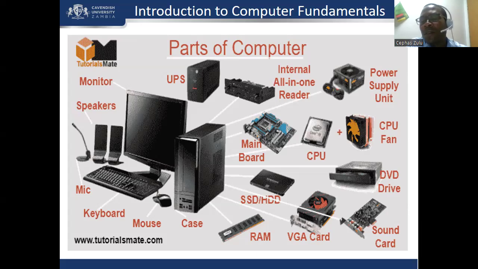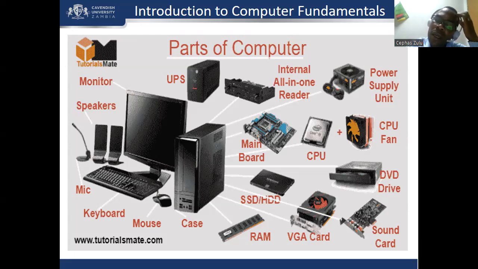So the DVD or the CD is used for storage. But for the purpose of processing, rotating that CD or DVD so that you can write content into it or collect content from it, you need a DVD drive. So therefore, a DVD drive is a processing device.